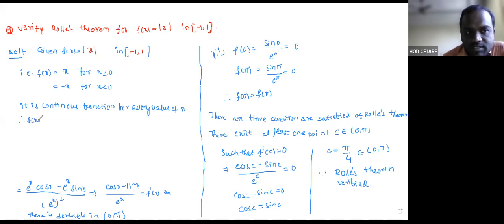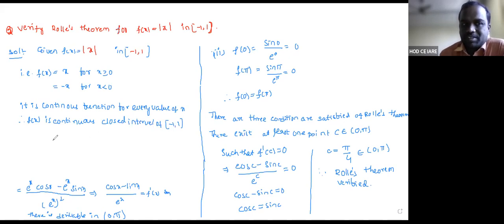F of x is continuous in the closed interval of -1, 1.